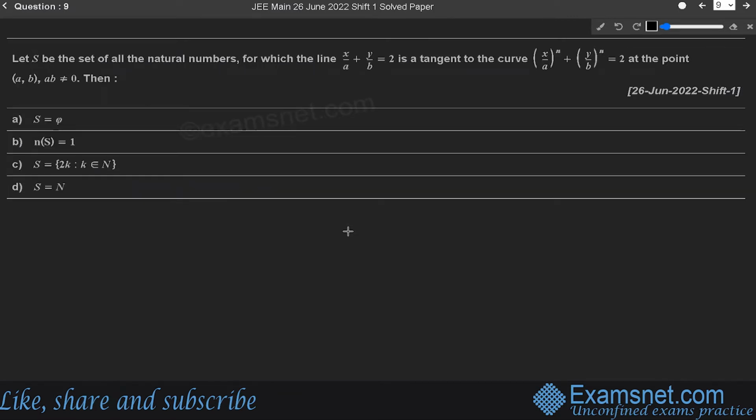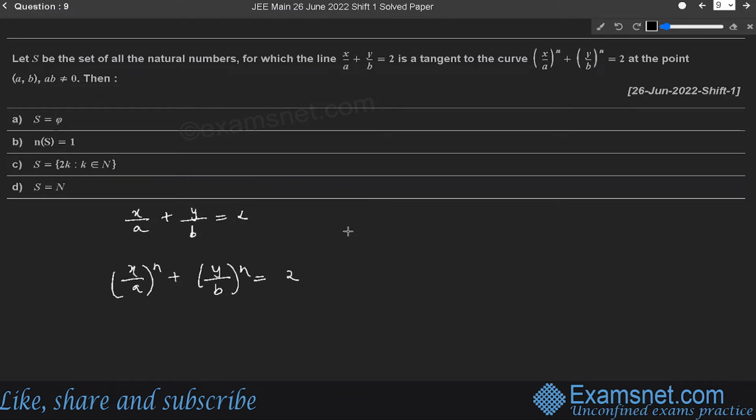Next question is, let S be the set of all natural numbers for which the line x upon A plus y upon B is equal to 2 is a tangent to the curve x upon A power n plus y upon B power n is equal to 2 at the point A comma B, where A into B is not equal to 0.